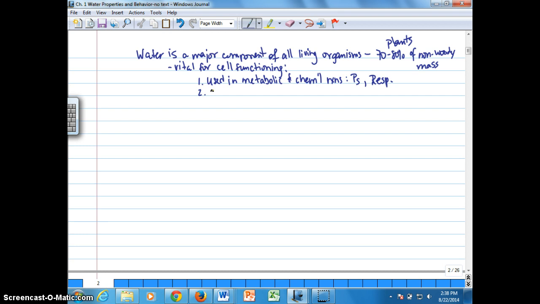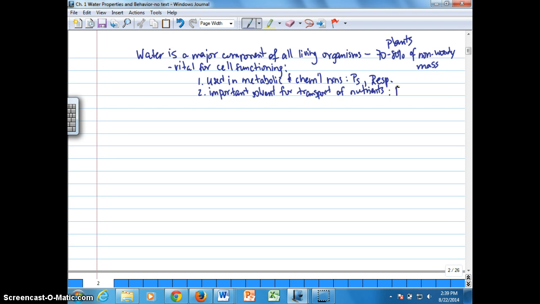Another, along with that idea, is that it is an important solvent for the transport of nutrients. So we saw that with our diagram of the physiological processes that are taking place in the plant, including nutrient uptake.